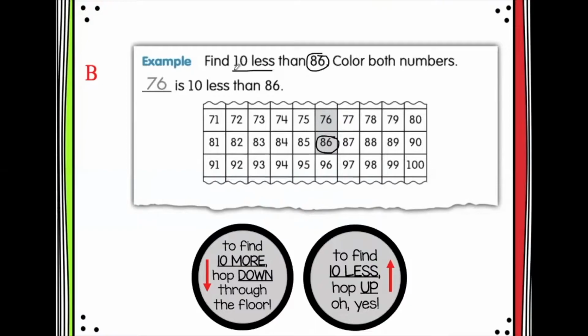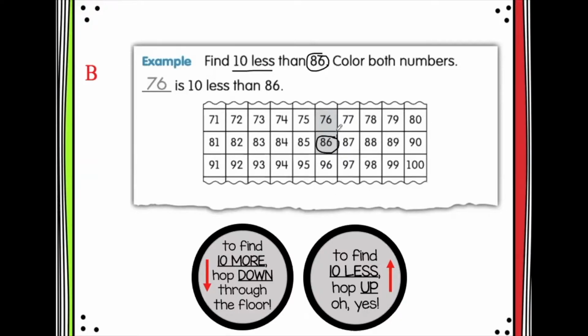And the directions say to find 10 less. Now, there's some fun little rhymes that you can use to help you remember how to find 10 less and 10 more on the chart. To find 10 more, hop down through the floor. To find 10 less, hop up, oh yes. So if we're trying to find 10 less, we need to hop up, oh yes.